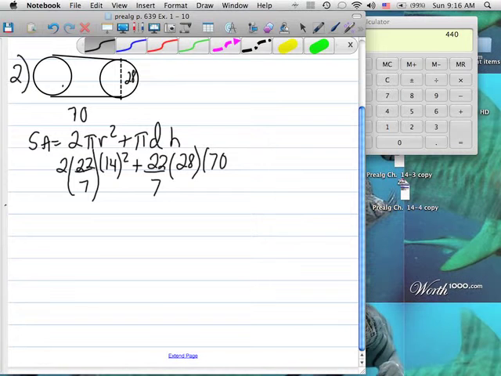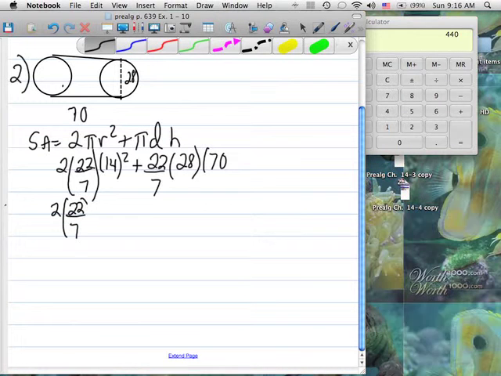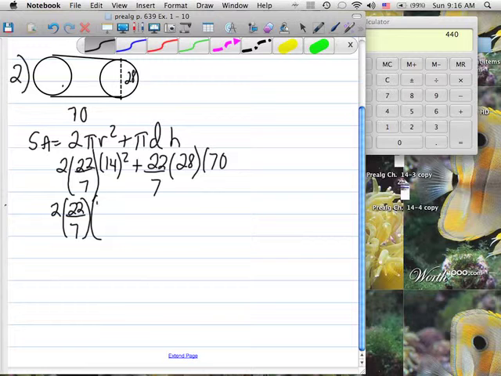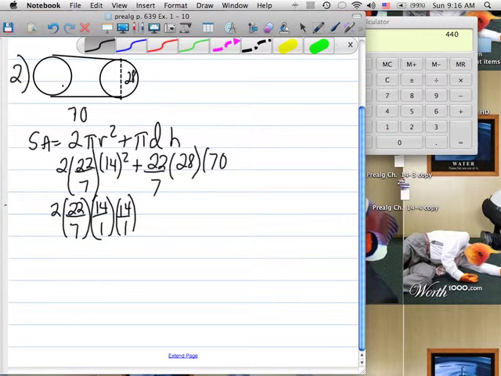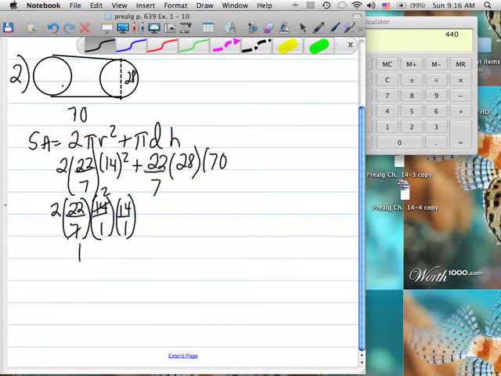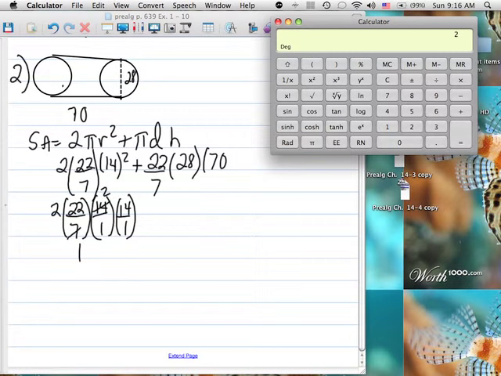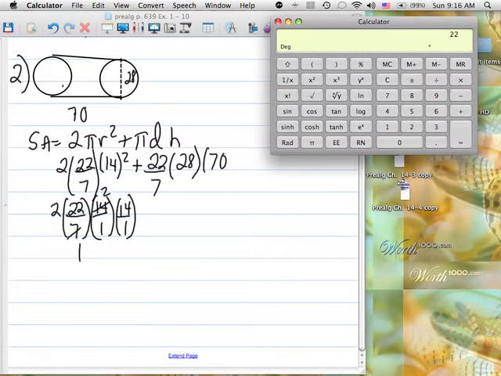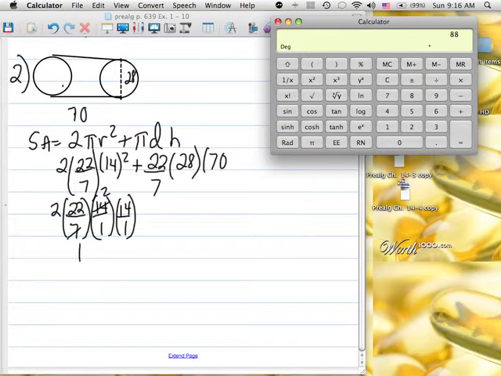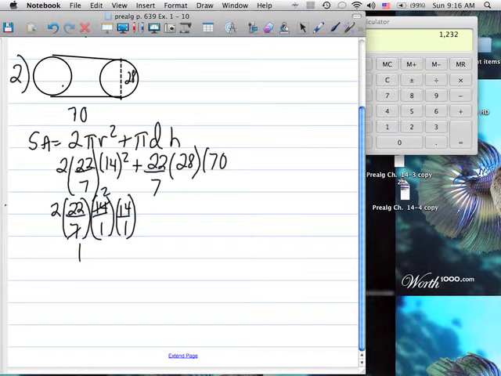So before I do any canceling, I'm going to take 14 and square it, or I could write it twice. That might be a better possibility this time. You could do this also. The 7 cancels with the 14, so now I have 2 times 22 times 2 times 14, which is 1,232.